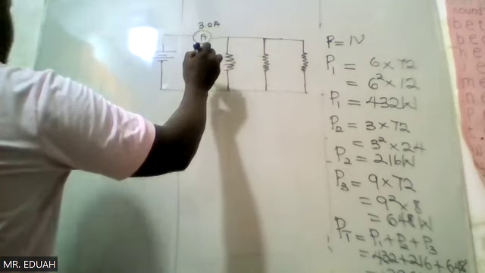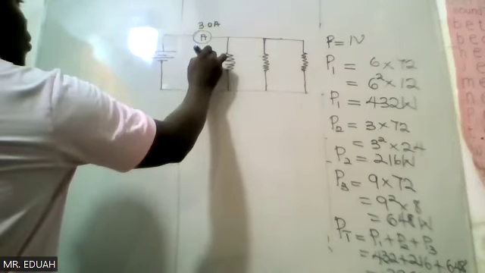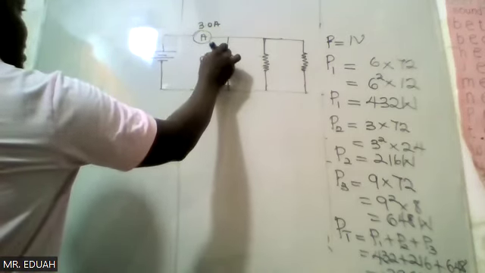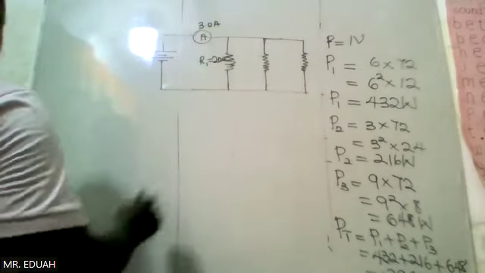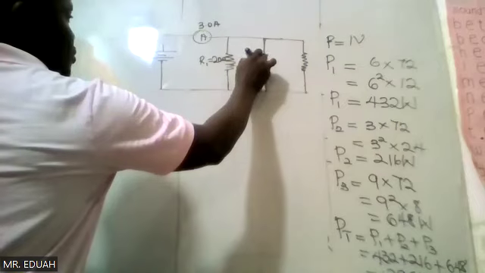R1 is equal to 20 ohm. R2 we don't know.